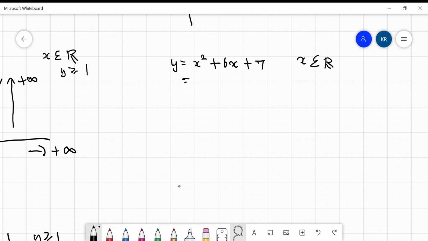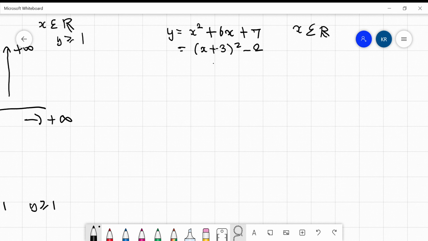So as I said, you complete the square. So you'd have x plus 3, sorry, x plus 3 whole squared minus 2. Now we have the vertex, so we can sketch this. So minus 3 somewhere there and minus 2 somewhere there.